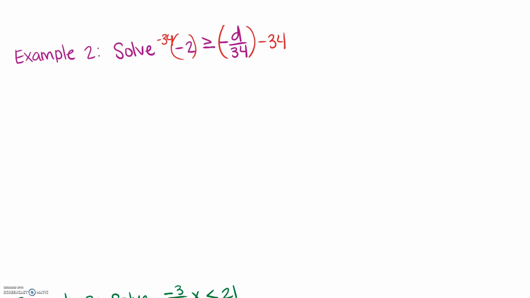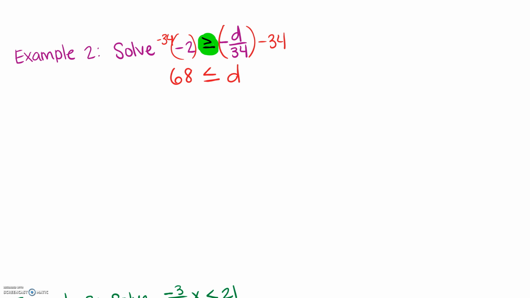Let's do that on this next step. -34 times -2 gives me 68. Now I have to change that sign because I multiplied by a negative. So now it becomes less than or equal to, and I have -34 times negative d over 34, which cancel out the numerator and the denominator, and just gives me the value d.